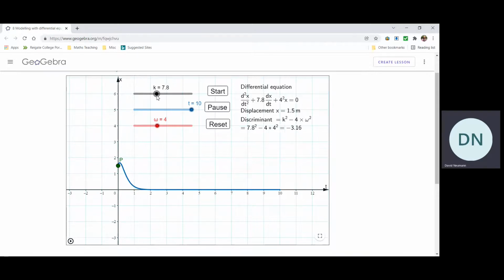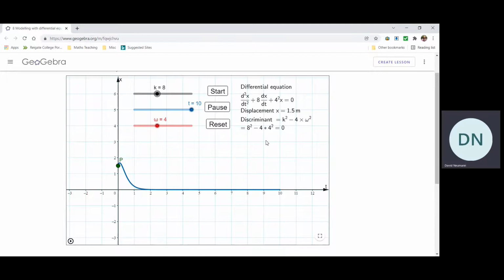When we get to k equals 8, we've now got a discriminant which is equal to 0, and we now don't cross this axis, and that is called critical damping. So critical damping is when the discriminant of the auxiliary equation is equal to 0.